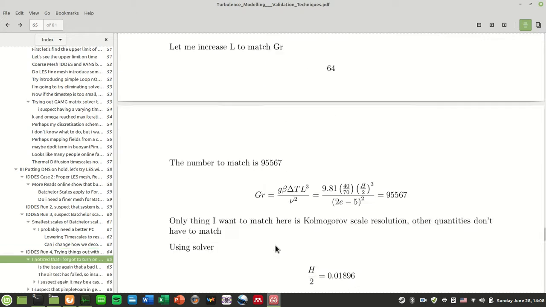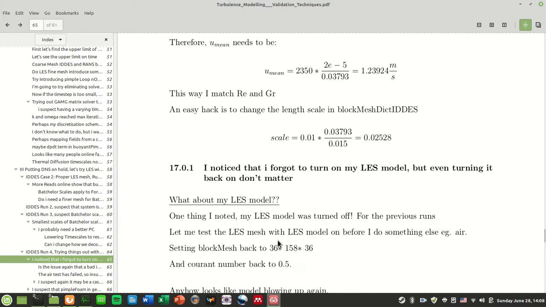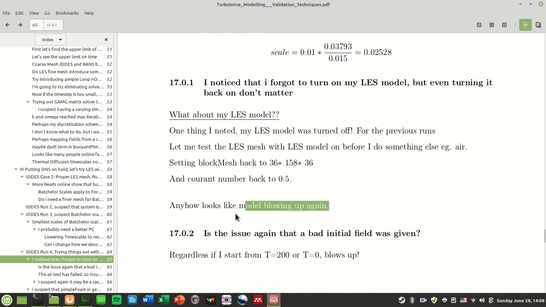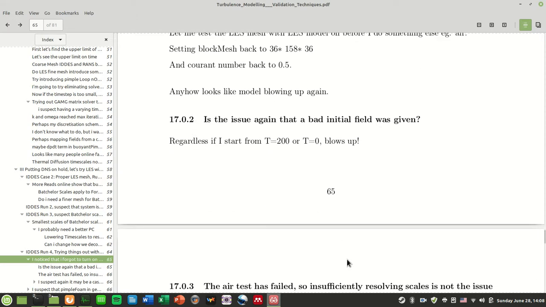So even with that, the model blows up. The solver becomes unstable and it blows up. But anyway, that was an important note: you've got to take care of these Batchelor scales as well. That's just something you have to take note of for a fluid with Prandtl number very different from 1, especially a high Prandtl number fluid like this oil.